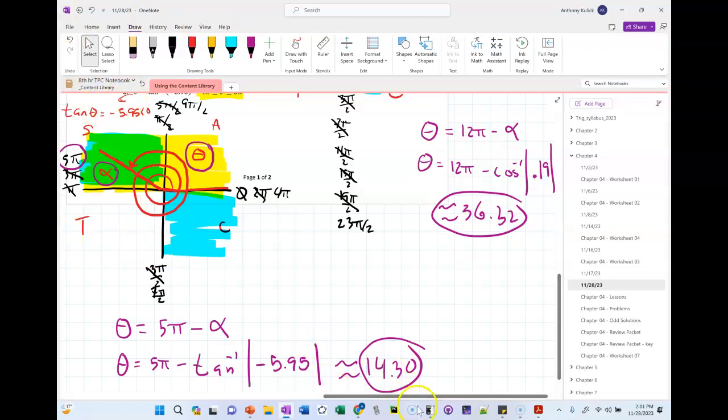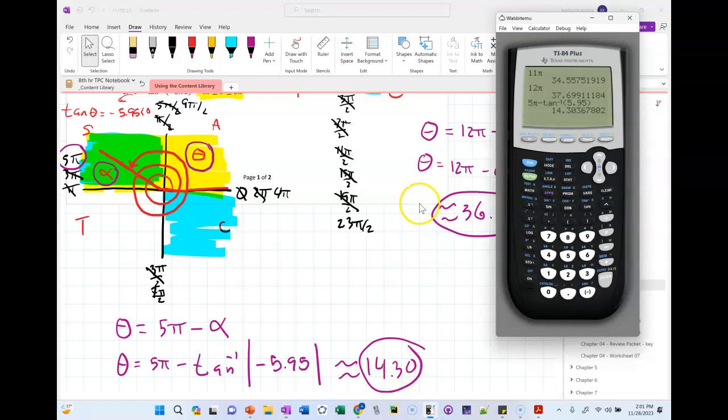If I wanted to check that, I could do tangent of that number, and I should be getting what back? Negative 5.95. Yes.